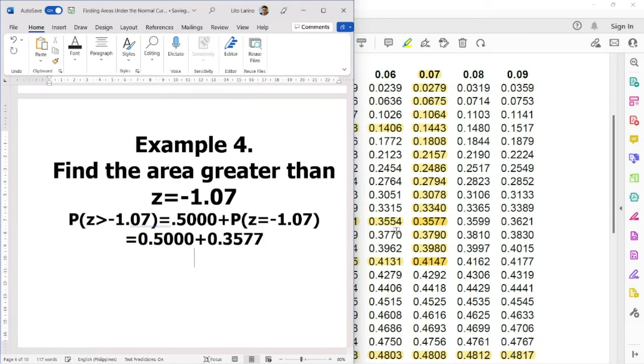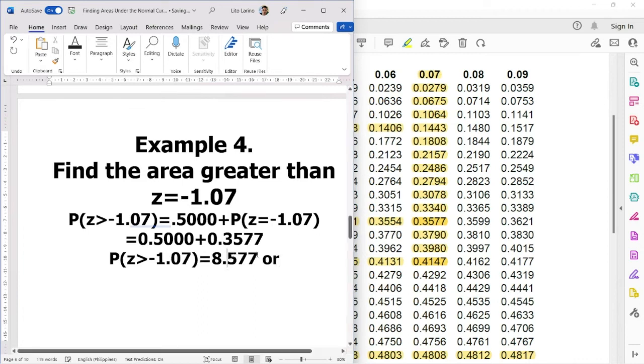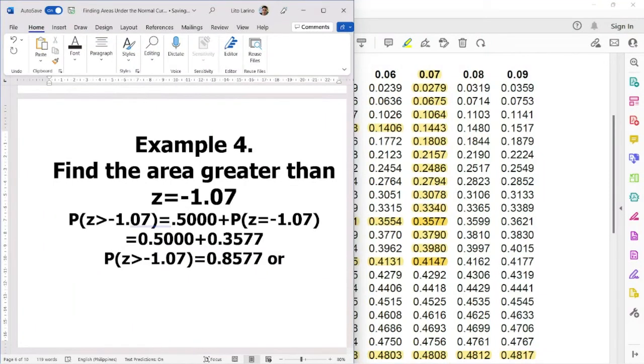And to state our final answer, we have the area above the given z-score negative 1.07 equal to, sorry, it must be 0.8577, or that is equal to 85.77%.